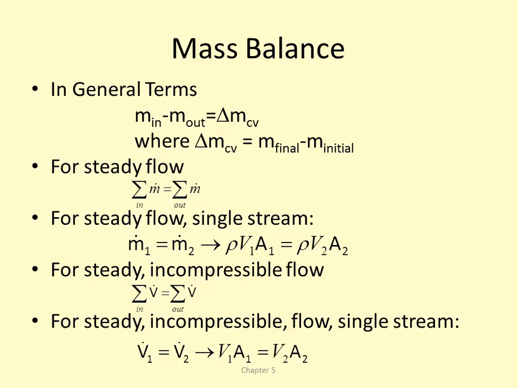If it's steady incompressible flow, meaning that the fluid density does not change, then V dot in is equal to V dot out, so that the densities are the same, or in other words, the velocity times the cross-sectional area of the inlet is equal to the velocity times the cross-sectional area of the outlet.